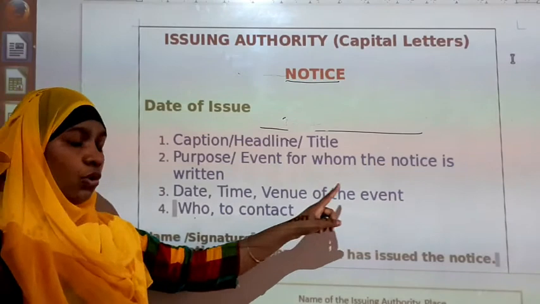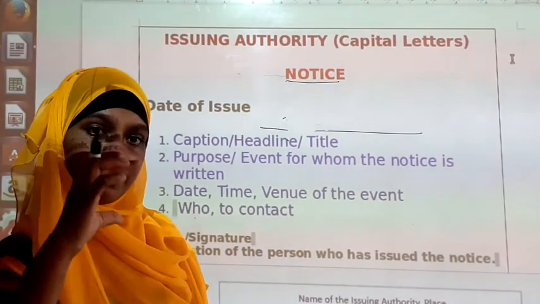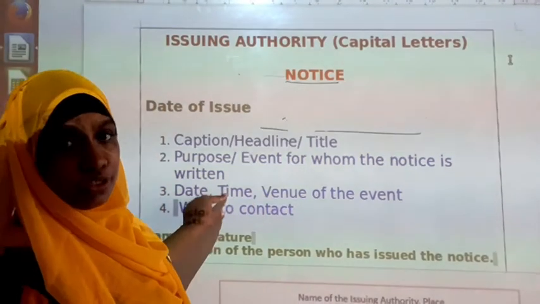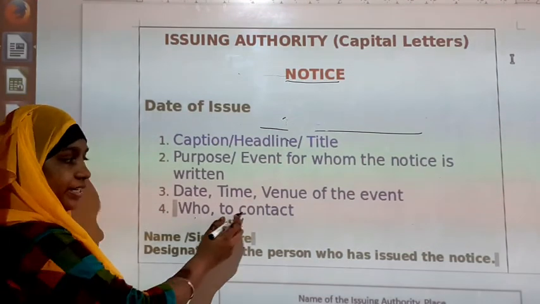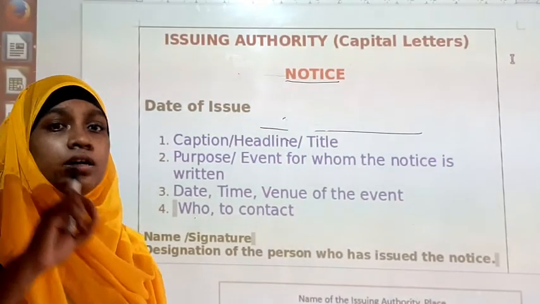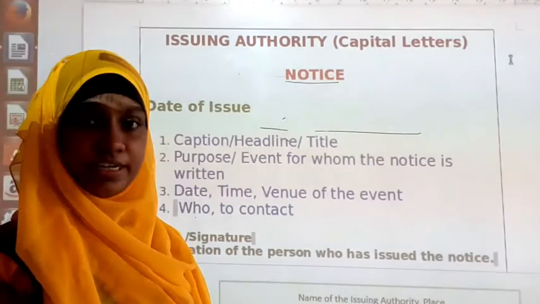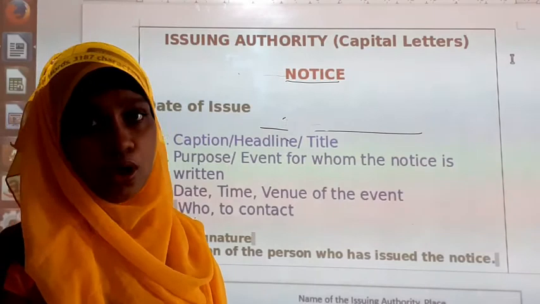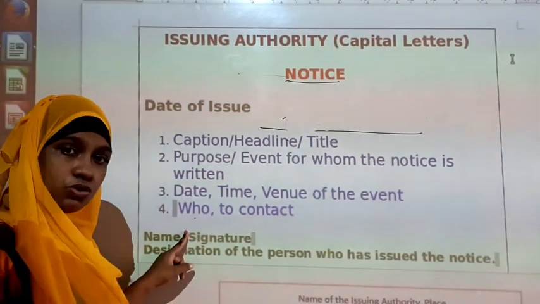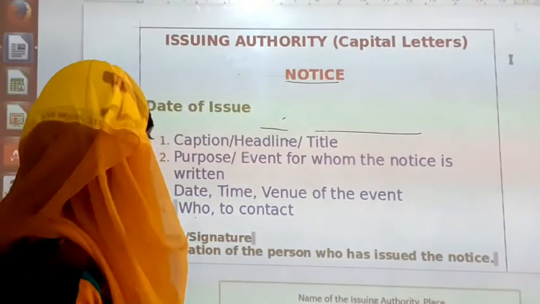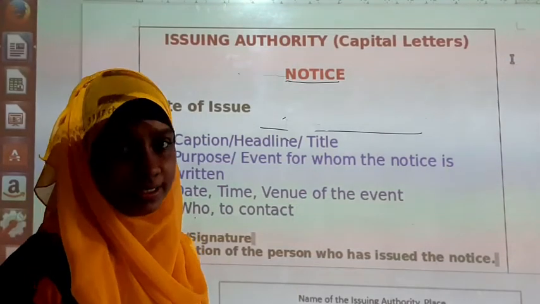The date, time and venue of the event, everything you will include step by step in sentences. Then who to contact: you have to contact the head boy or head girl if you want to ask anything about this notice. You will sign here as the person writing this notice to the students: name, signature and designation of the person who has issued the notice.